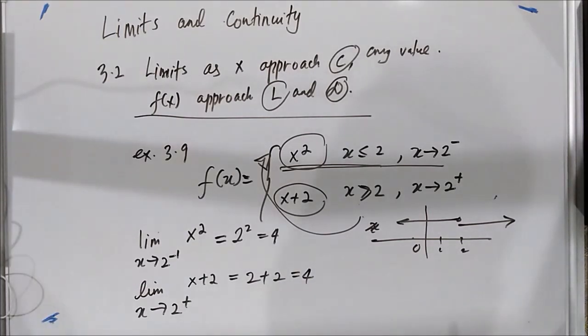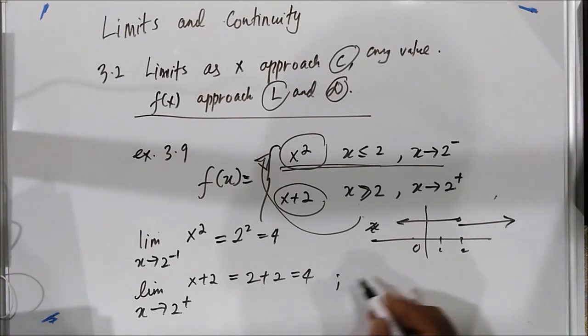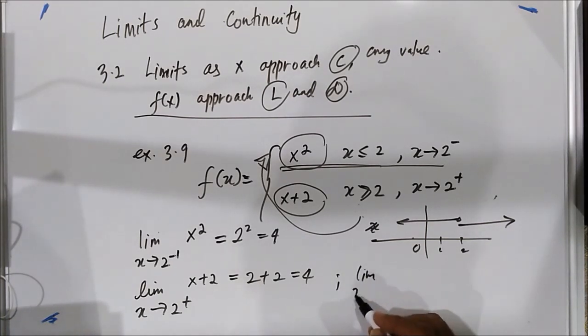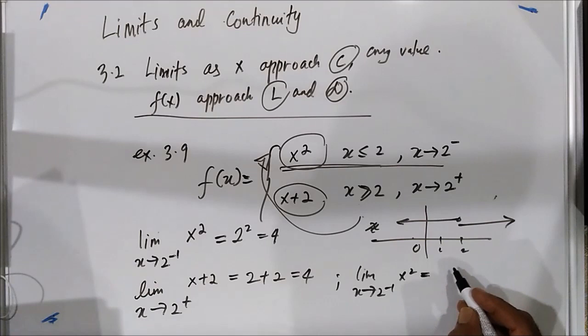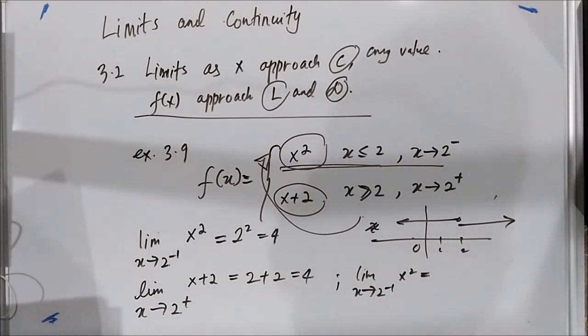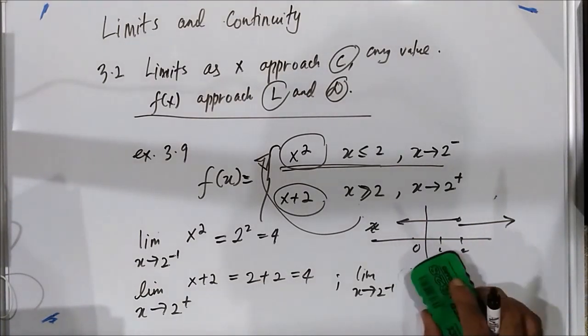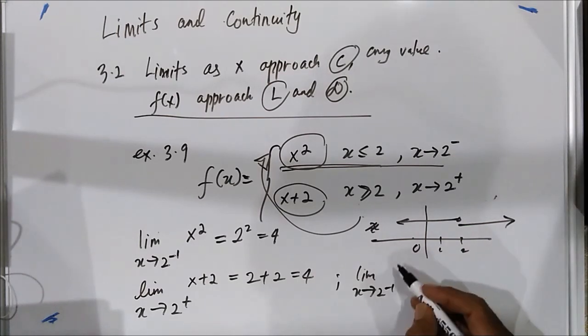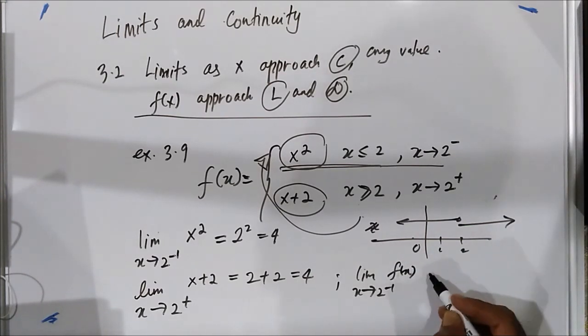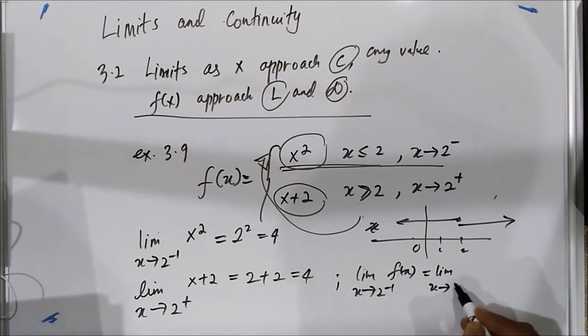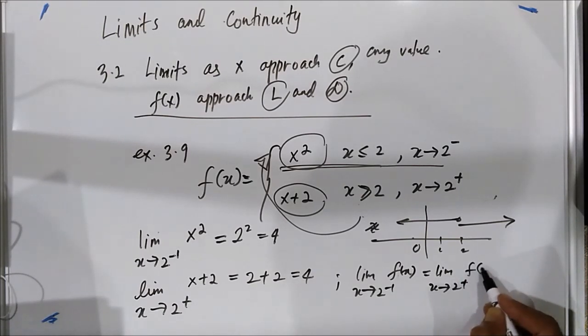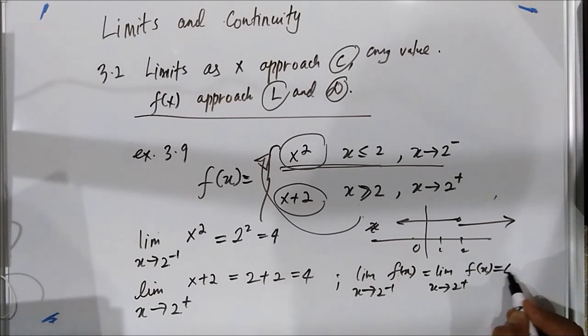In other words, we have shown that the limit as x approaches 2 in the negative direction of f(x) equals the limit as x approaches 2 in the positive direction, which is equal to 4.